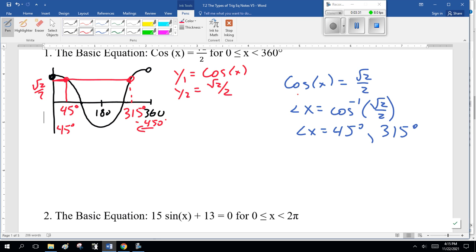Now this is trick number 1: multiple answers. Almost always, not always, but almost always, there's multiple answers. Now, I want you to note symmetry.